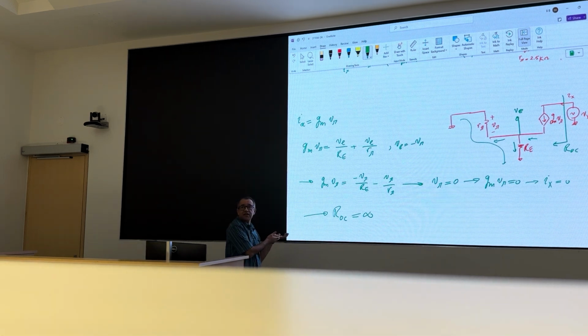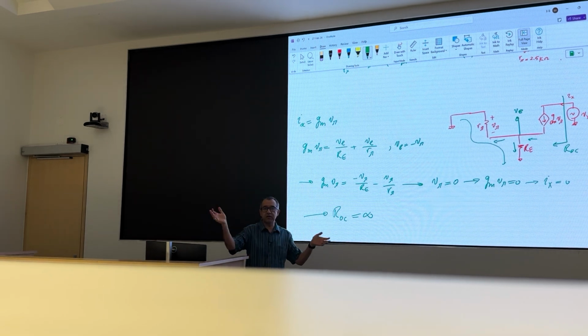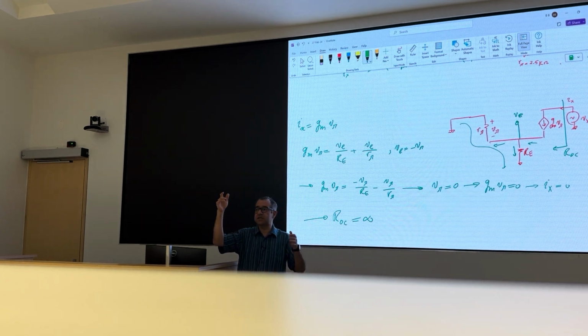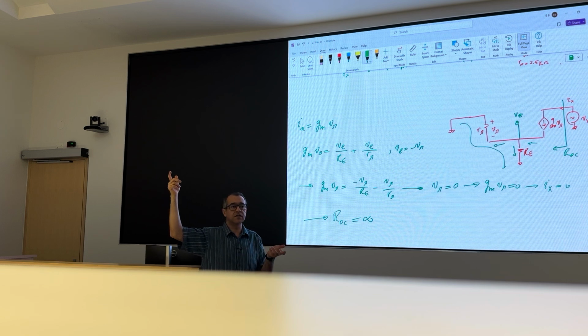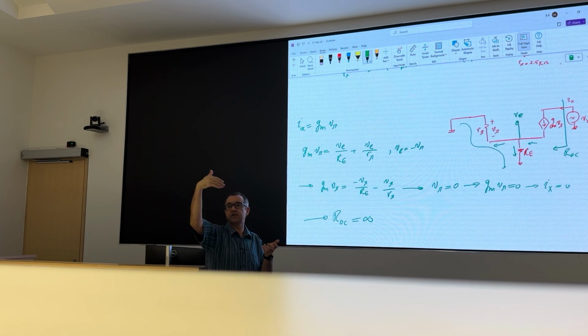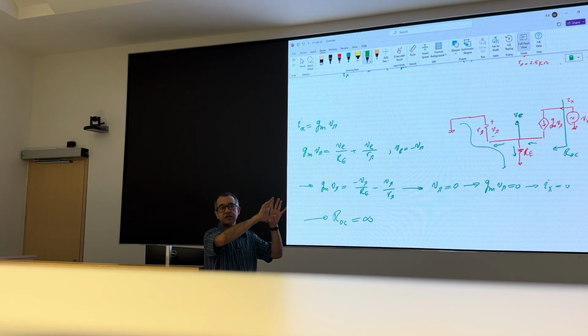I should have expected that. I should have known that result without solving it. Why? Because from the beginning of the discussion on BJTs, we said the collector acts as a current source. What is the output resistance of a current source? When you look at a current source, what is the resistance you measure? Infinite.